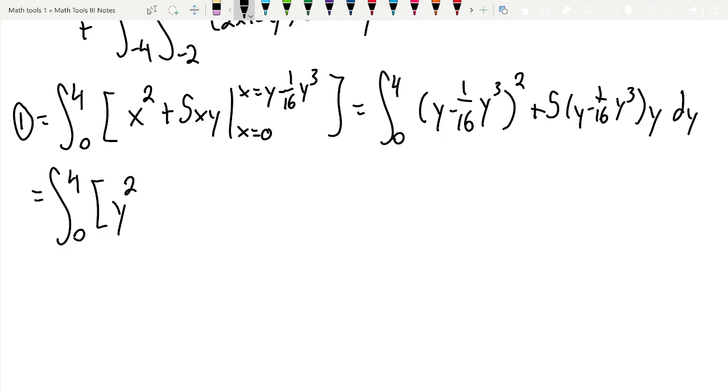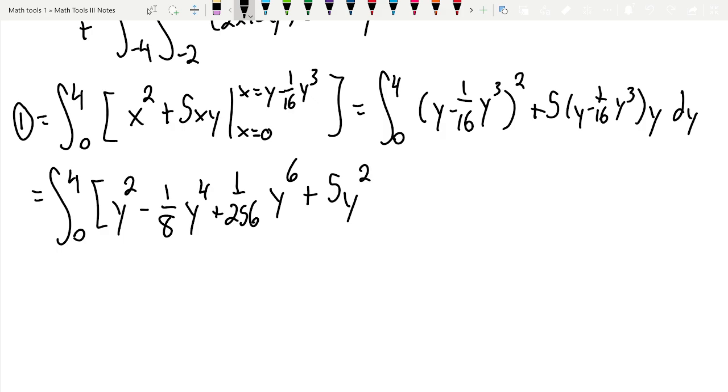So let's go: y squared minus 1/8 y to the 4th plus 1/256 y to the 6th plus 5y squared minus 5/16 y to the 4th.